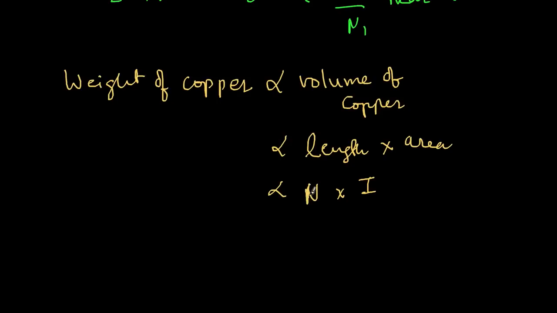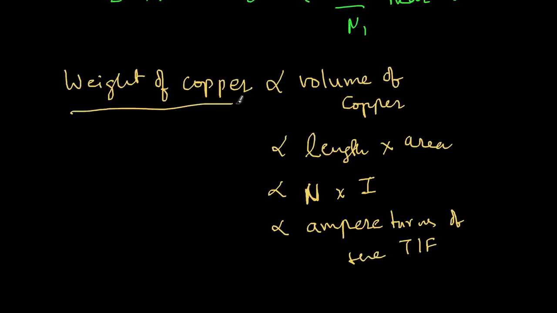So you notice N into I is nothing but ampere turns of the transformer. So whenever you are talking about weight of copper used in a transformer, that is proportional to the ampere turns in the transformer.